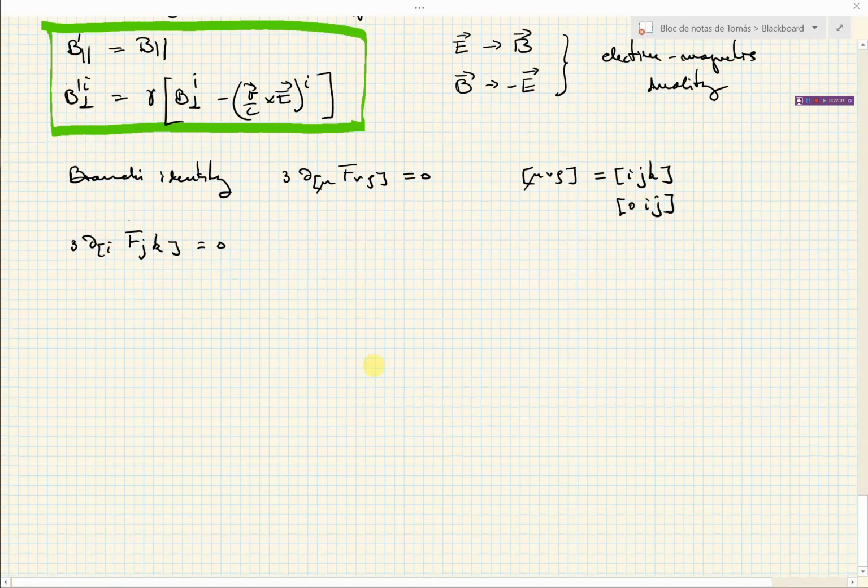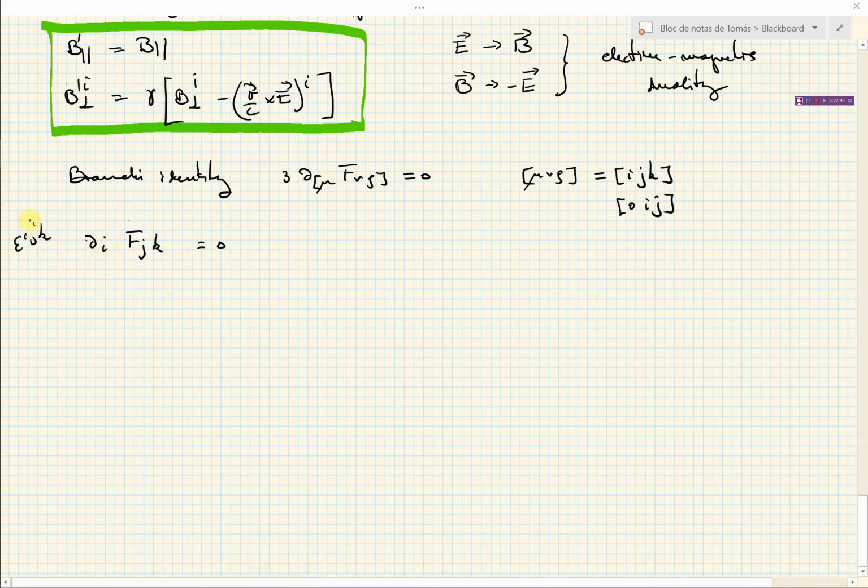Because this is fully antisymmetric, this would be the same if I multiply it by epsilon ijk. Just because of the same reasons that when I contract something with two antisymmetric indices, this projects over the antisymmetric part. The same happens if I project with a fully antisymmetric tensor. This means that I could remove these antisymmetrizers because they are automatic the moment this is contracted with epsilon ijk. Let me remove also this factor of 3 because it doesn't play any role.